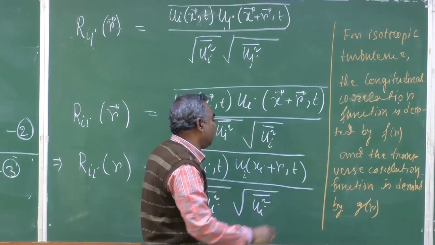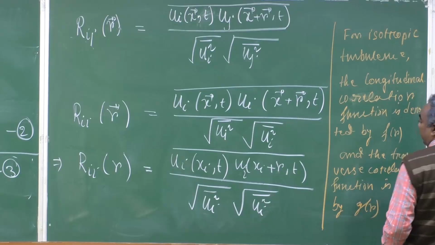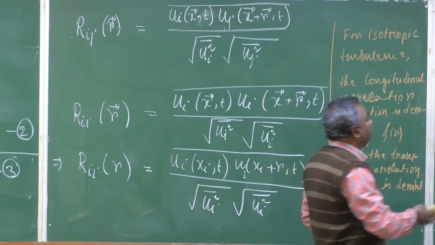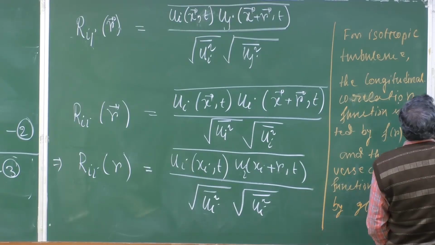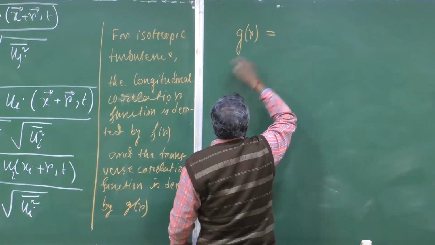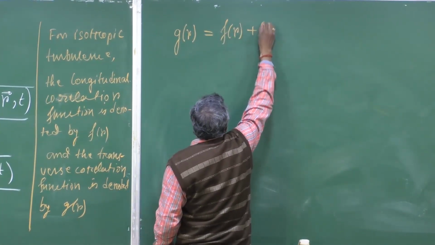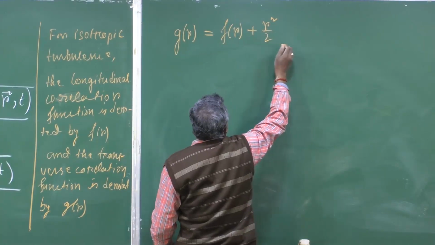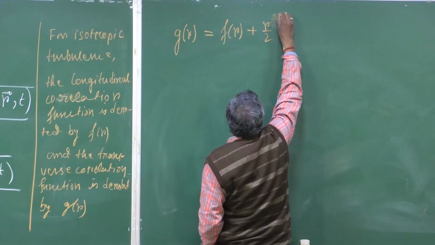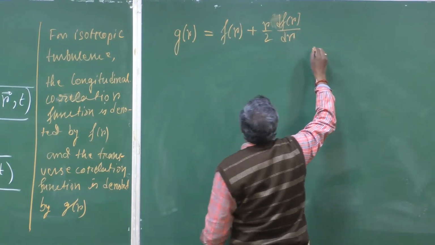And the relation in isotropic turbulence between these two functions F and G is given as g equals f plus r by 2 d f of r dr.